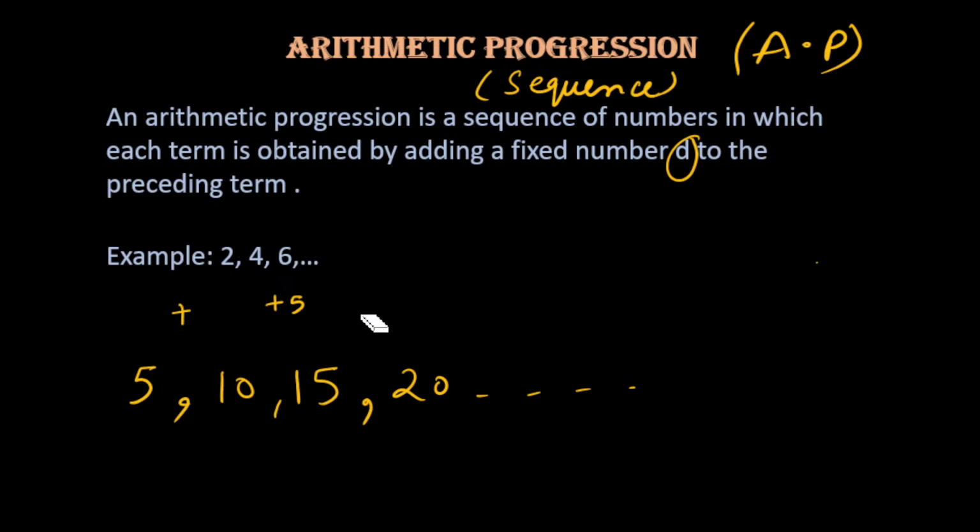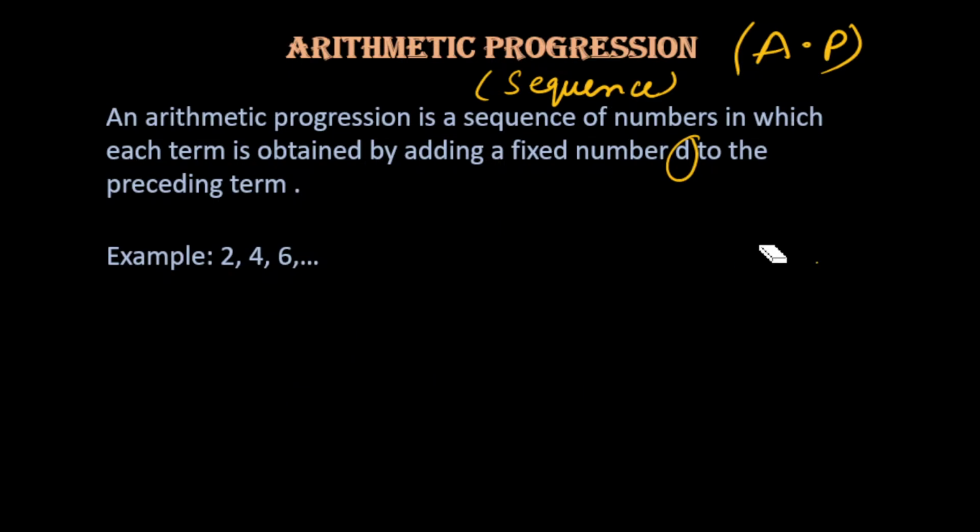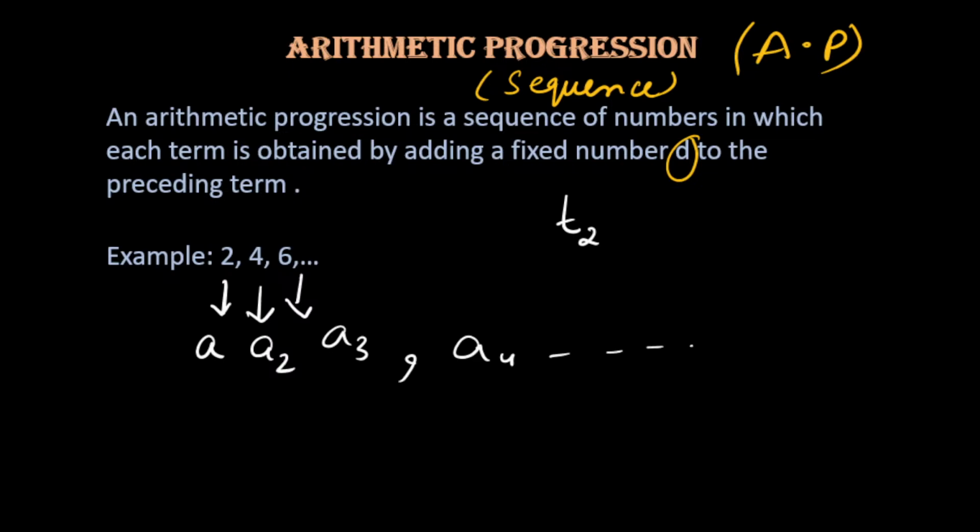In AP there are some notations. How do we write? First term we write as small a. Second term we can write as A2, you can also write as T2, but I will be using A2. Third term is A3, the fourth term is A4, and so on.